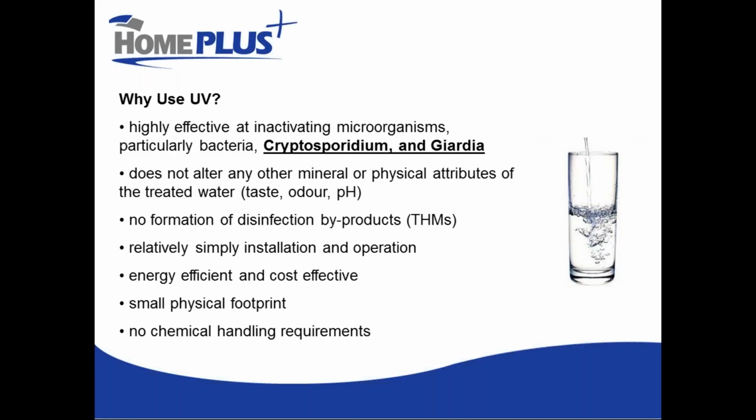So UV has a couple of really key advantages. Most notable, and this applies to achieving our 43210 objectives, the 3-log inactivation of crypto and giardia. UV is much more effective at inactivating that particular class of contaminants as compared to chlorine.